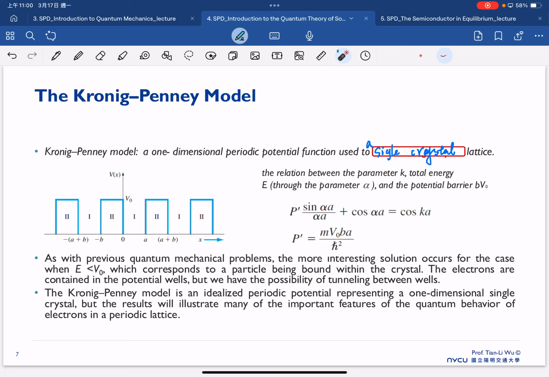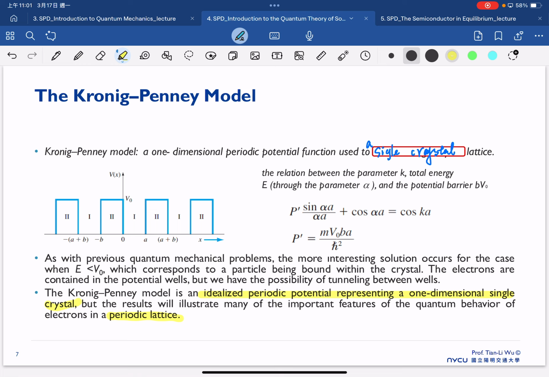The Kronig-Penney model is an idealized periodic potential representing a one-dimensional single crystal, but the result will illustrate many of the important features of the quantum behavior of an electron in the case of a periodic lattice.